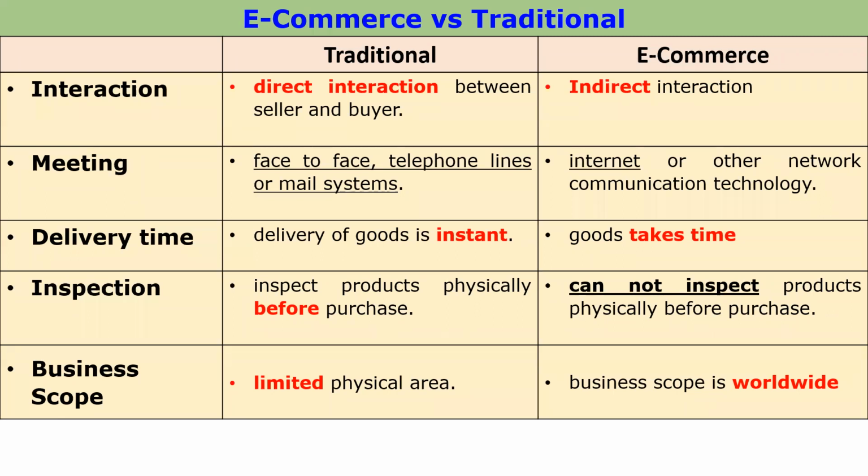But in the e-commerce transaction, the business scope is worldwide. Physically, you need not go to external marketplaces; virtually, you can capture the markets of other or remote areas. Right, those are the things you want to remember when comparing e-commerce and traditional transactions.